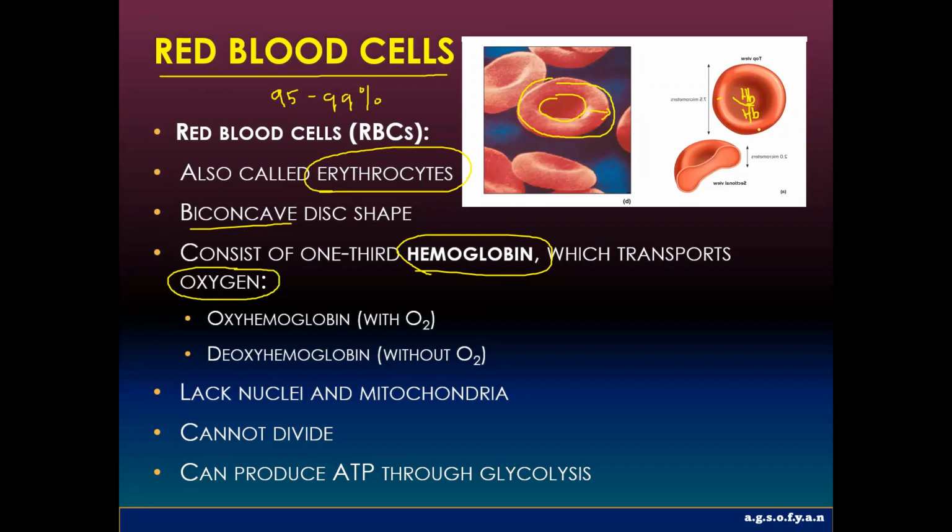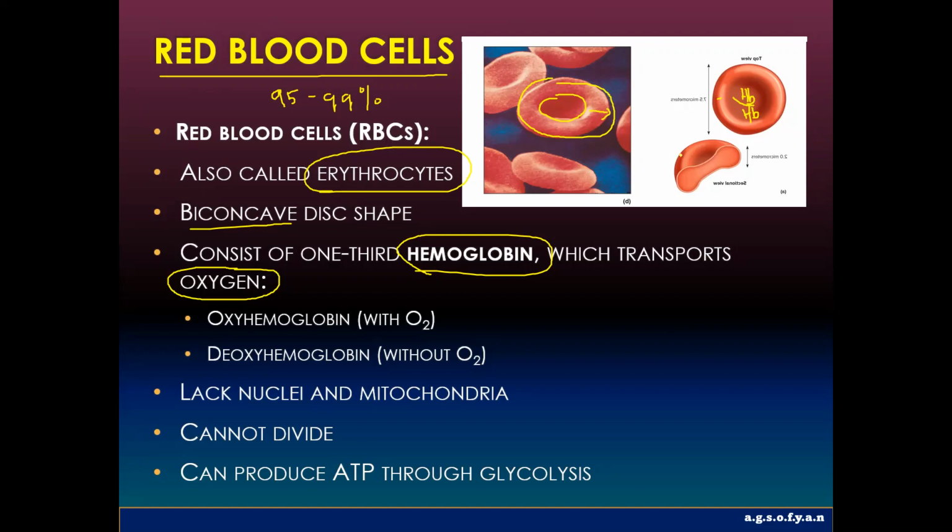And just remember, the red blood cell does not have a nucleus. It means that their life is actually short. Each red blood cell may only live for about 120 days, 100 to 120 days.